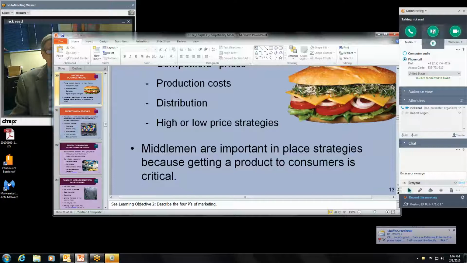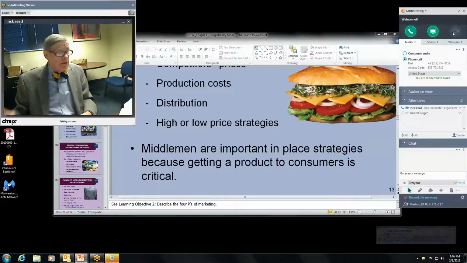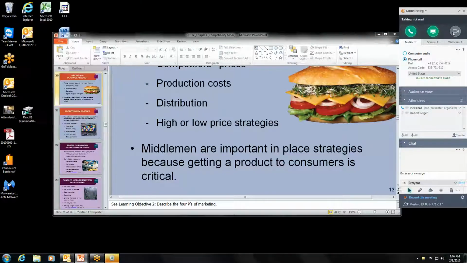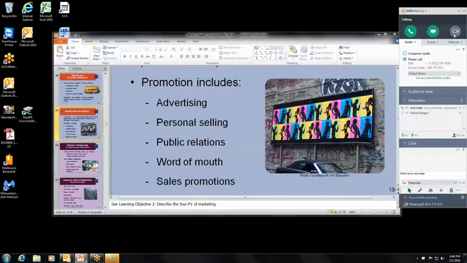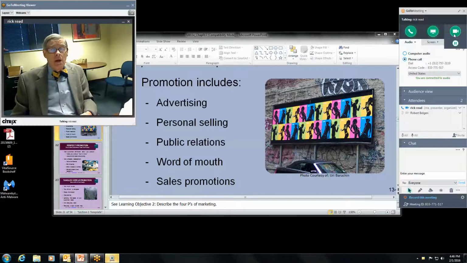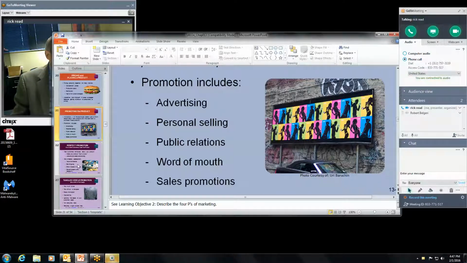We're going to talk about middlemen in chapter 15, so I'm not going to discuss middlemen here. And these are the things that we do to get the product out in front of people, how we promote it. Promotion is discussed pretty much in chapter 16, so we're not going to talk about that here as well.